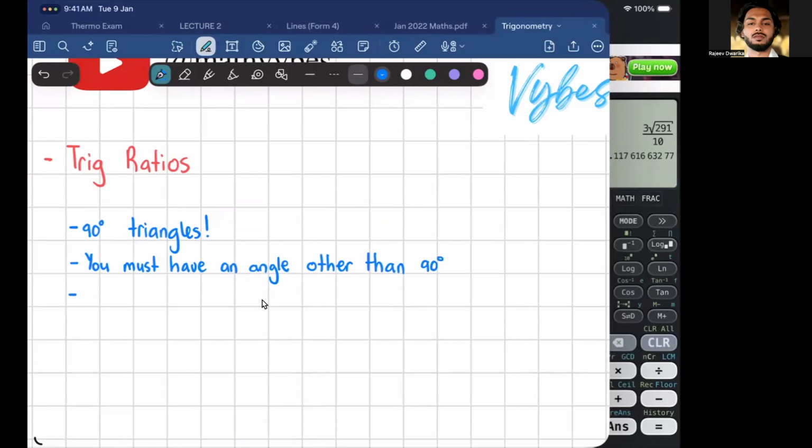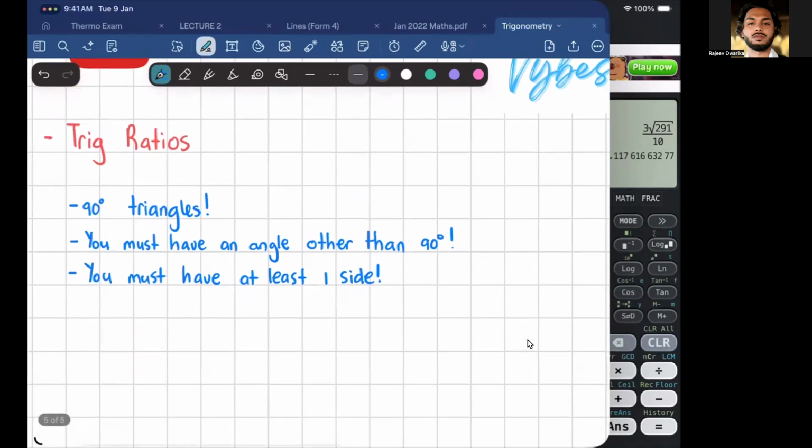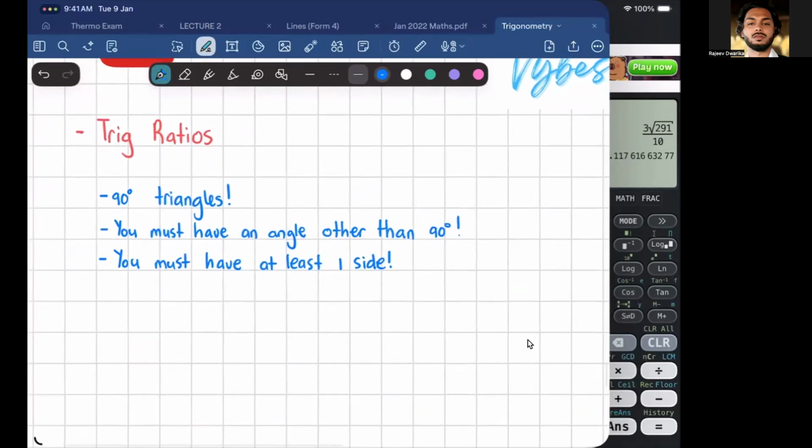Right? Another thing, you must have at least one side. So guys, copy this down. These are the things you need to know to use trig ratios.